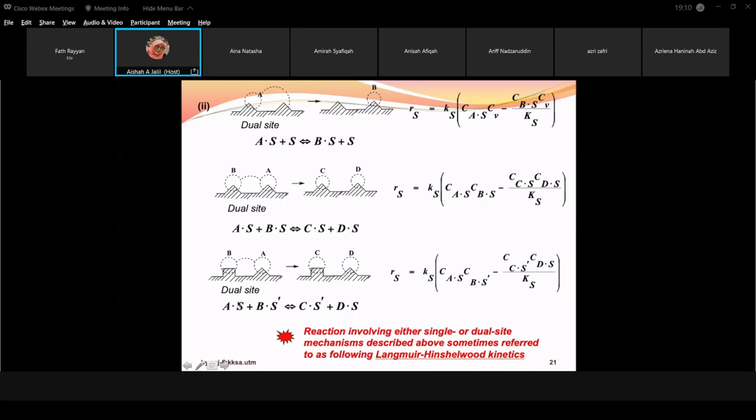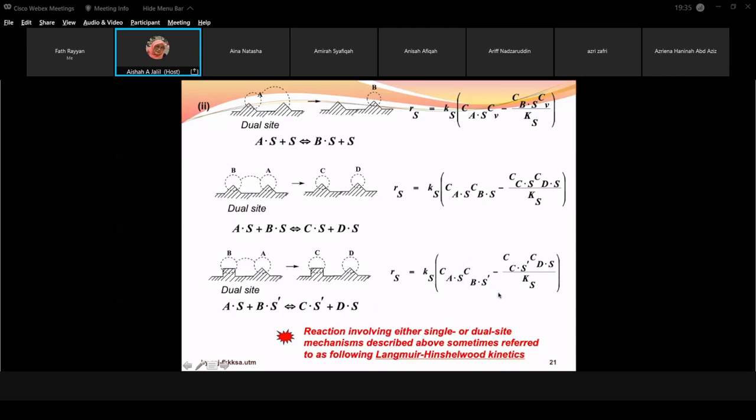The A, we can write like this, A·S. This one we write S prime. Okay. And then the product becomes C·S prime plus B·S. So you can write the rate law like this.